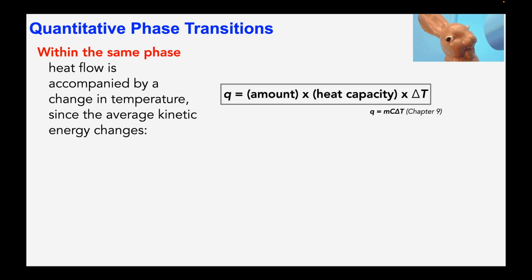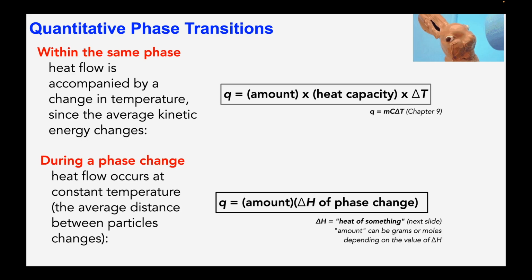So, an example, if you were heating water from 25 Celsius to 90 degrees Celsius, you would use mc delta T. Your heat capacity would be 4.184. You'd multiply that by the amount. Your delta T would be final minus initial temperatures, and you'd be good to go. And Q, the sign of it, will tell you if it's exothermic or endothermic. So if you add energy, Q will be positive, endothermic. And if you get energy out, Q will be negative, exothermic.